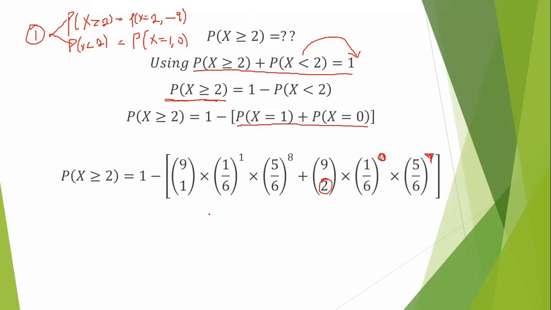So first check whether 9 combination 2 times 1 over 6 times 5 over 6 to power 9 gives us 0.1938. So we can first check for 9 combination 2 times 1 over 6 to power 0, then times 5 over 6 to power 9.